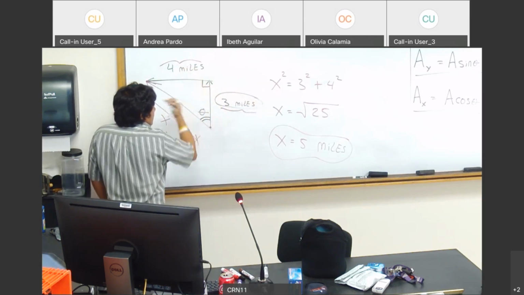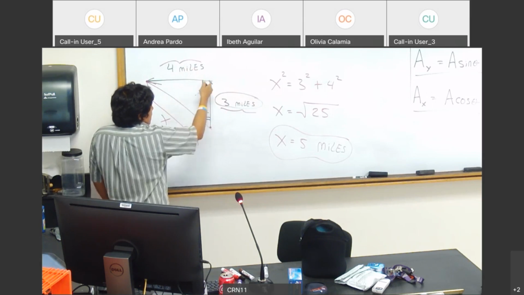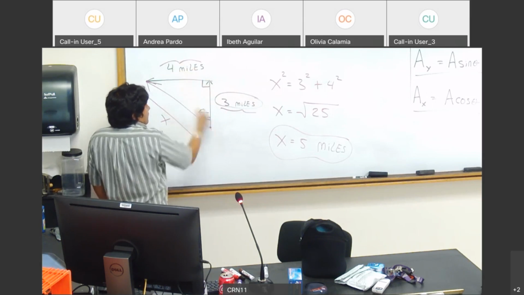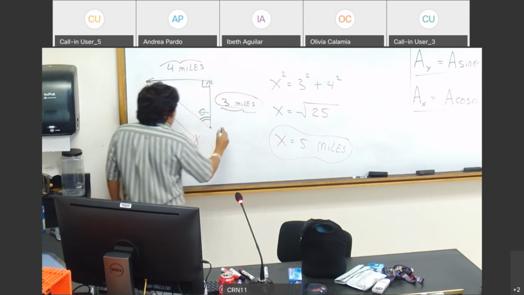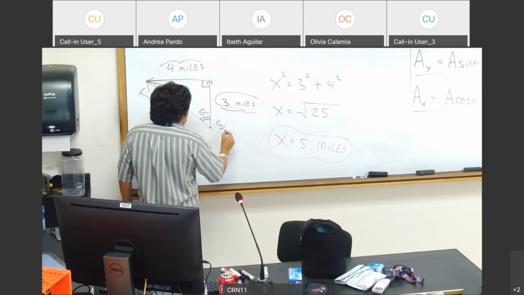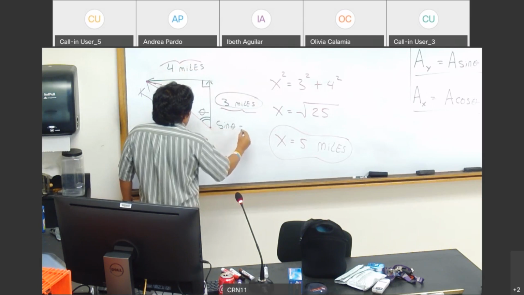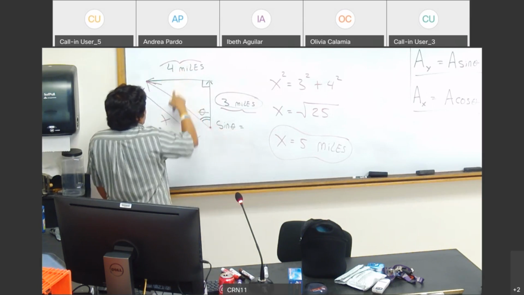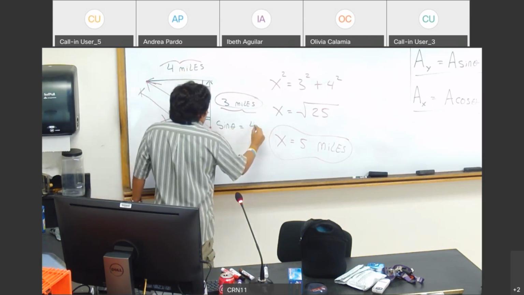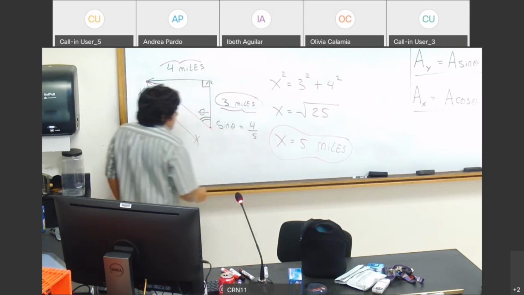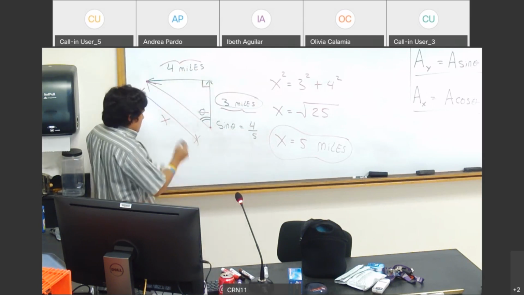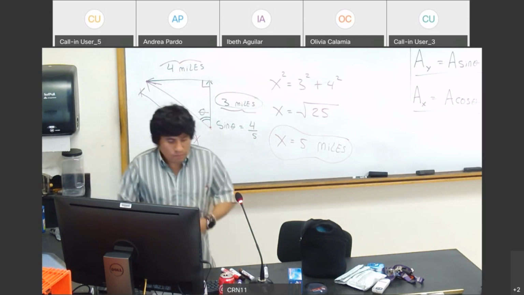Let's just use the concept of cosine or sine, right? The sine of theta is equal to the opposite over hypotenuse, right? And this is what you do in the calculator.